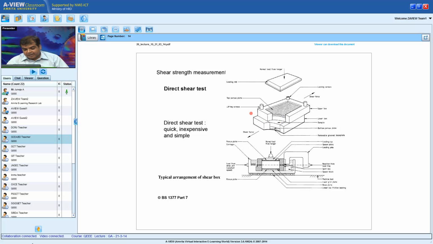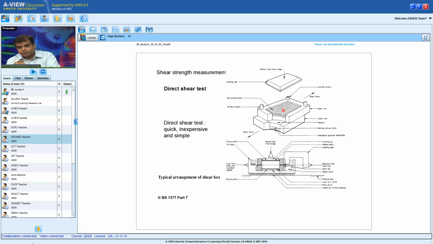If I look at this carefully, before the two halves slide, it is important to see that if I apply a vertical pressure from the top, it induces a vertical stress in the sample. Let's call it sigma 1. Before the start of the test the two halves are together, they don't slide.